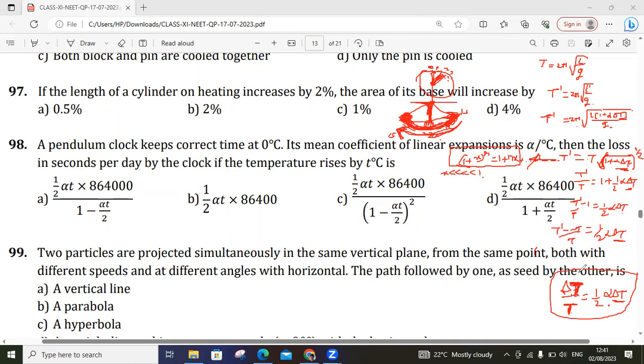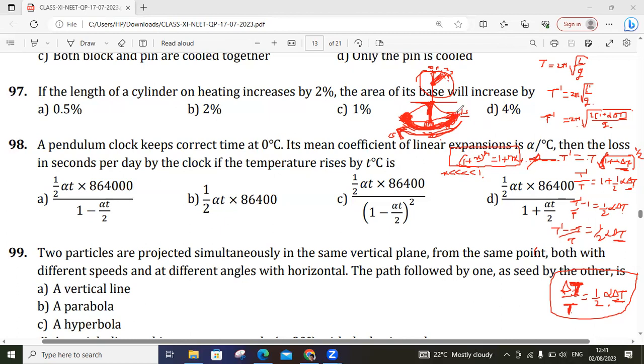So if temperature reduces, then delta t will be negative, and the change in time period will also be negative. It means the time period has reduced, so it will come from here to here in less than 1 second. Suppose 1 second was there, now it will come in 0.8 second only. So when it comes from here to here, the second hand goes from 2 to 3 again, and it appears as if 1 second has happened, but actually it is only 0.8 second.